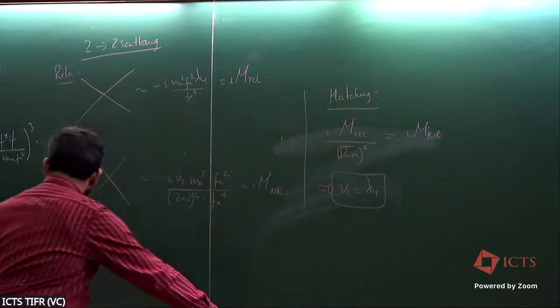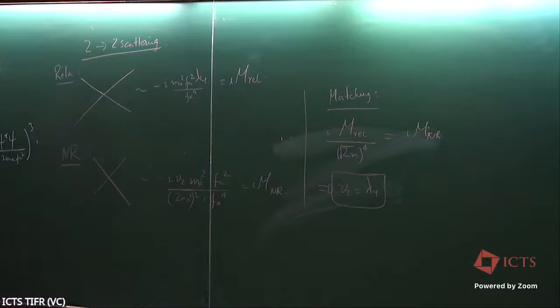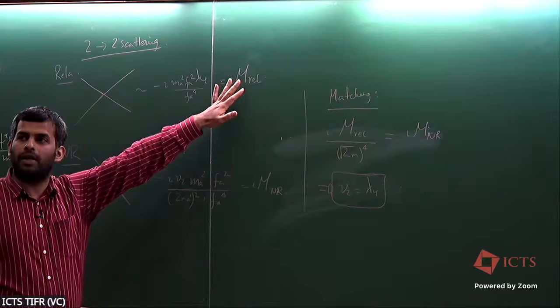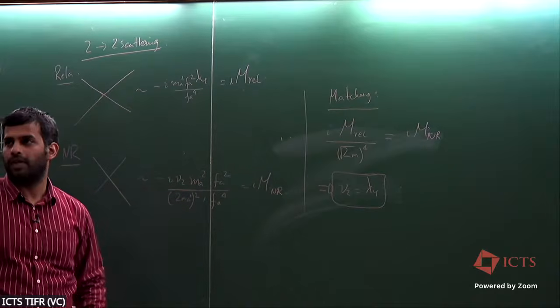But now let's do the 3-to-3 scattering. There are 4 external states, and as you see in the simple example, there is this 1 by root 2m factor to get the correct dimensions. You can also write the dimensions of the scattering amplitude. In the relativistic theory this is dimensionless, whereas in the non-relativistic theory it would have certain specific dimensions.